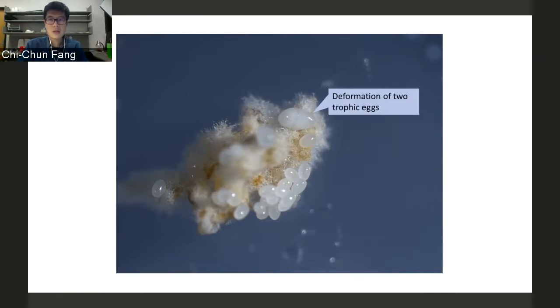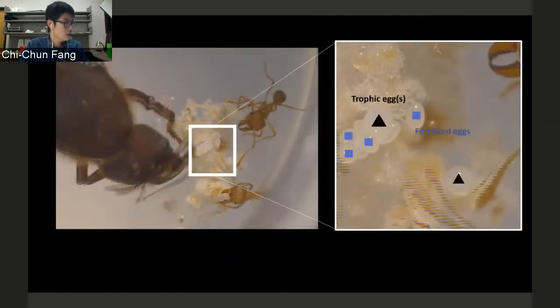So I got more samples from those foundresses, and we can clearly see that those foundresses do lay trophic eggs, those massive trophic eggs, and the fertilized eggs at the same time. This is not the same as you can see from the mature garden.